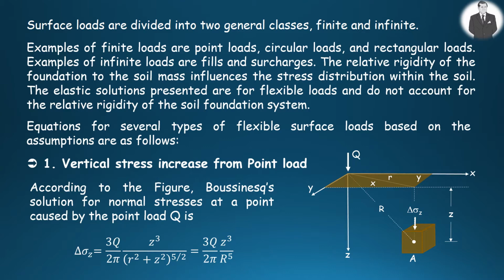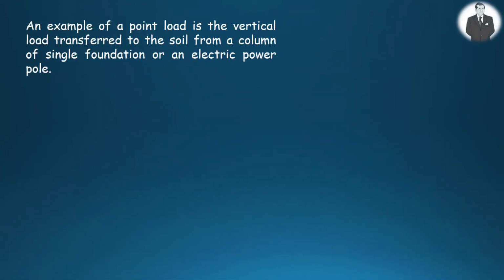Now, with the help of the equation produced, we can calculate stress increase at any point just beneath the load or at some distance away from the center of the point load. An example of point load is the vertical load transmitted to the soil from a column of a single foundation or an electric power pole.